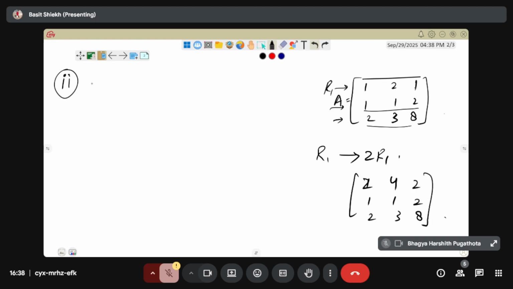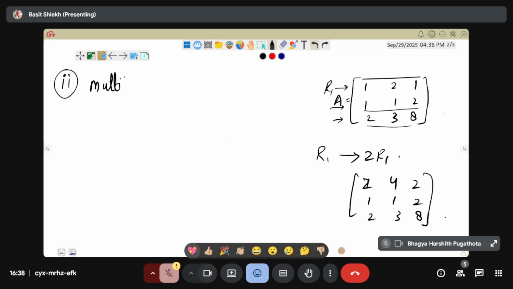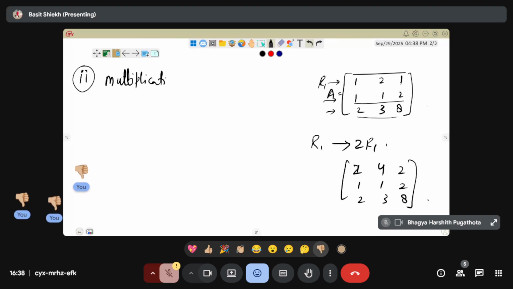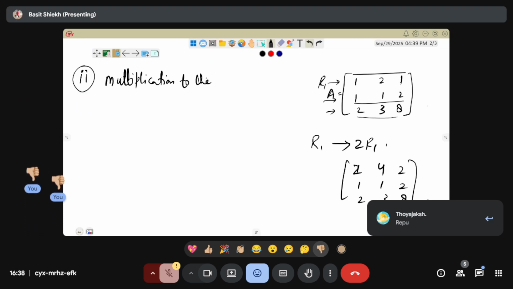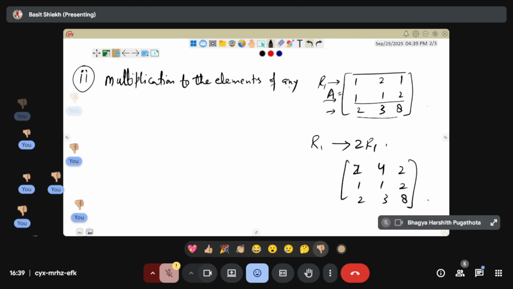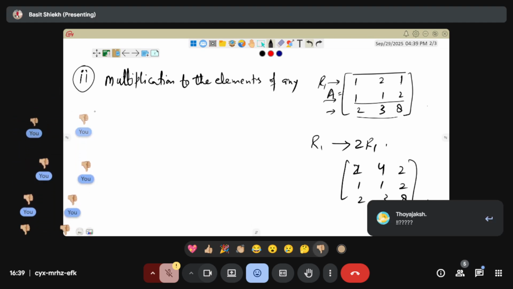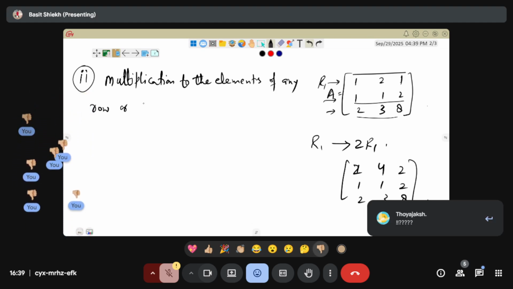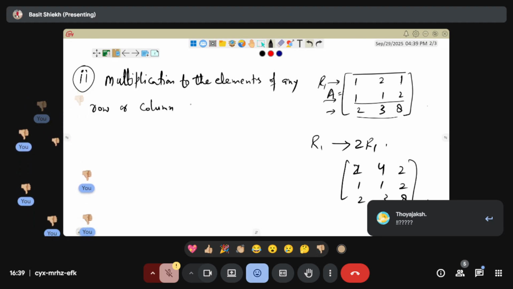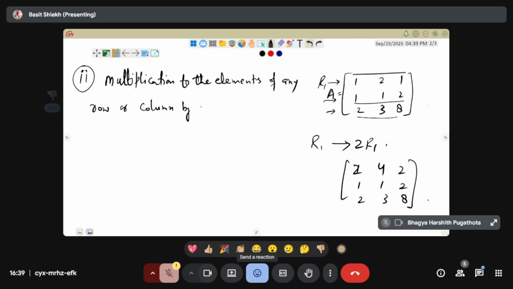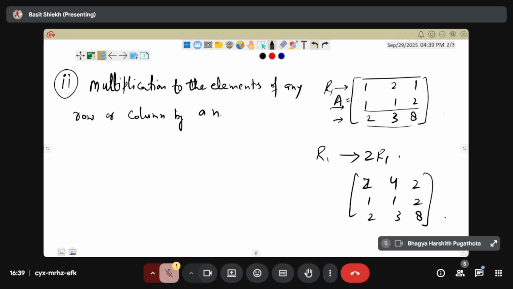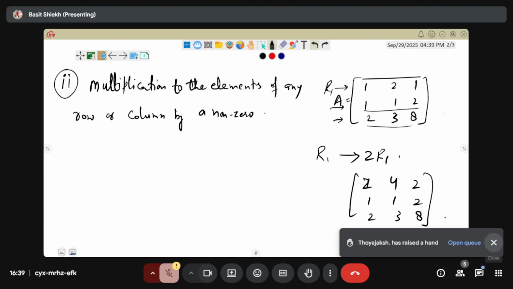So we will write here: multiplication to the elements of any row or column by a non-zero number.